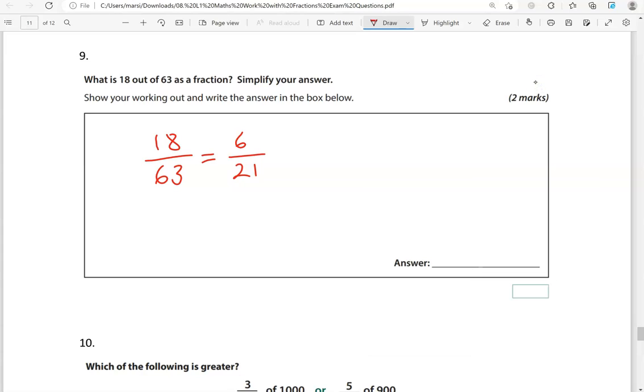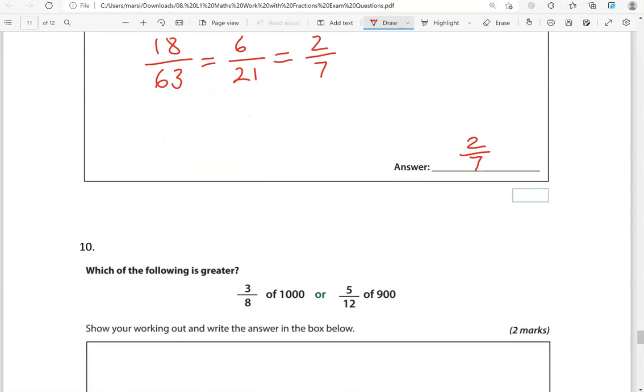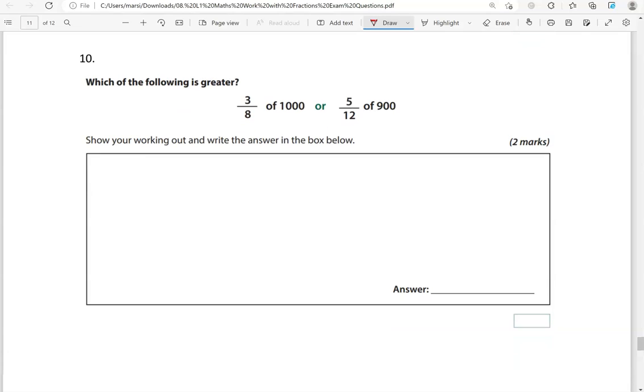Can it go any further? Yes, we can divide both numbers by 3. So 6 divided by 3 gives us 2. 21 divided by 3 gives us 7. You can see how knowing your timetables is really important, even when you can use a calculator.